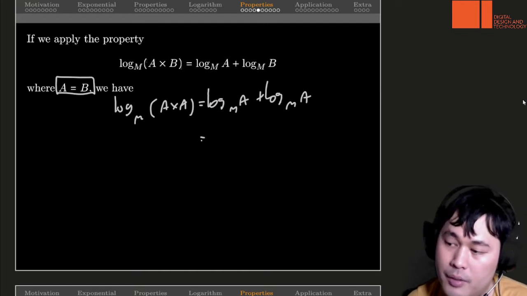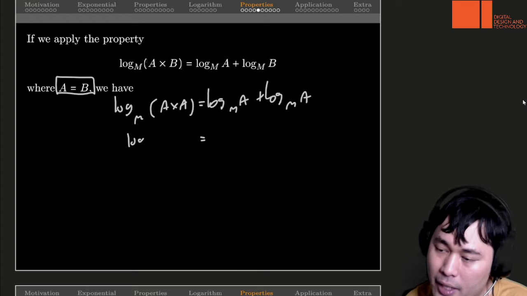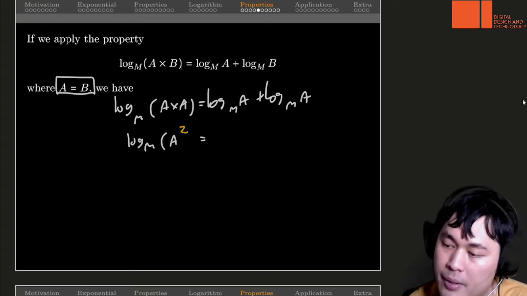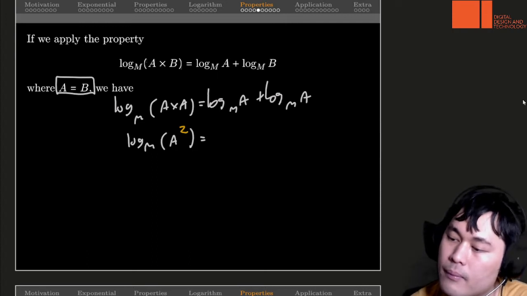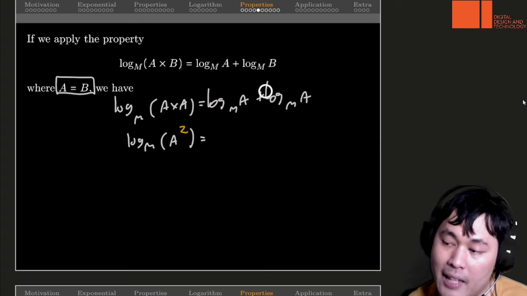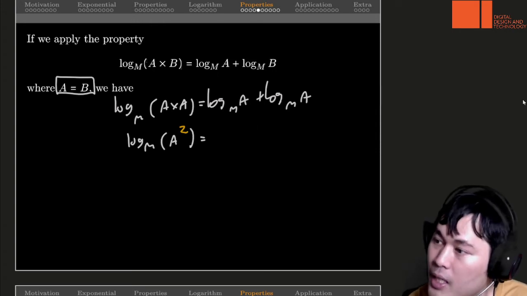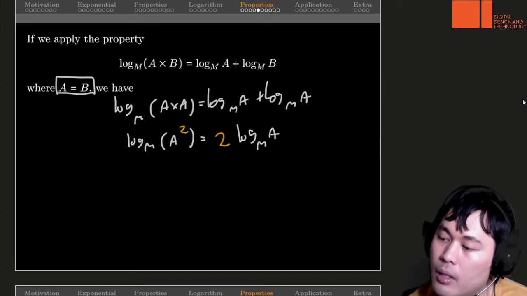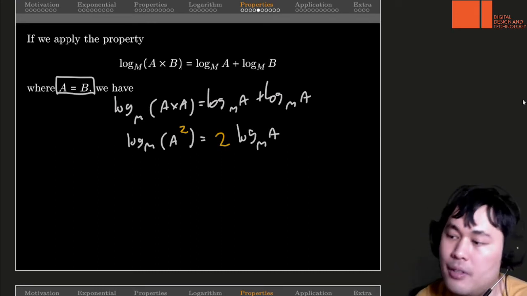So this is what I have. The left hand side is log base m of a square, and let me emphasize the square. And the right hand side we have two copies of log base m of a. And we add two copies of the same number, so we get 2 times log base m of a.